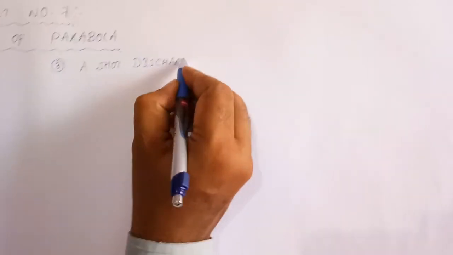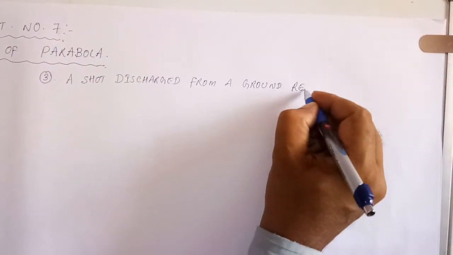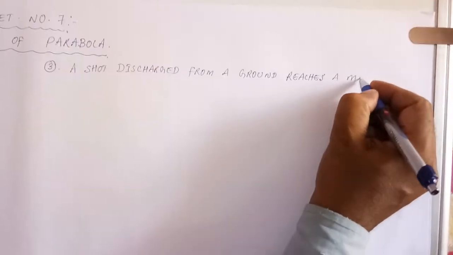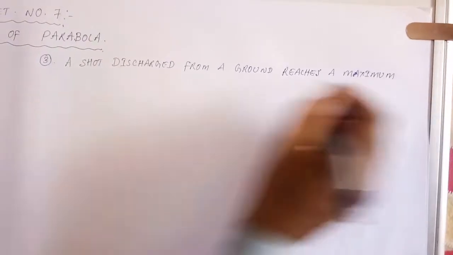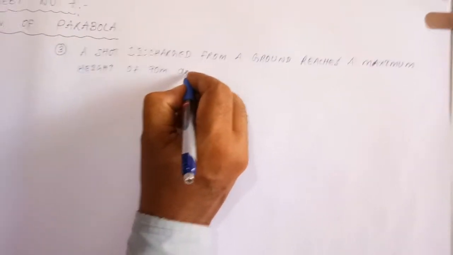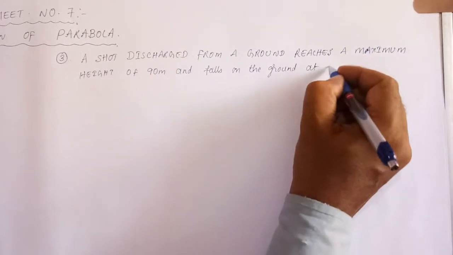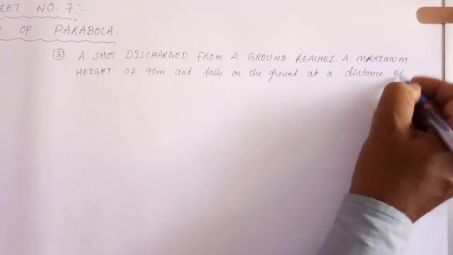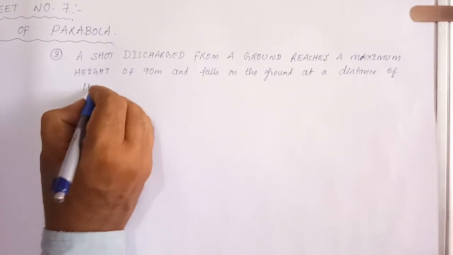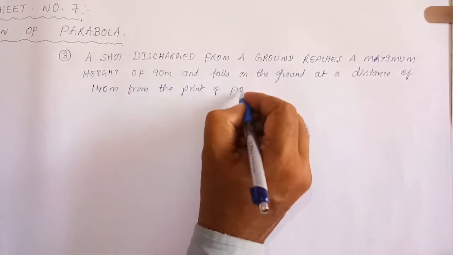Problem number 3. The problem is like this. A shot discharged from a ground reaches a maximum height of 90 meter and falls on the ground at a distance of 140 meter from the point of projection.